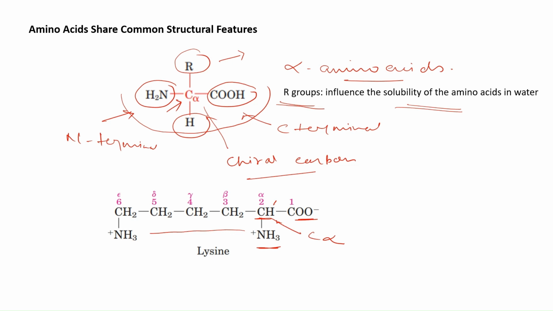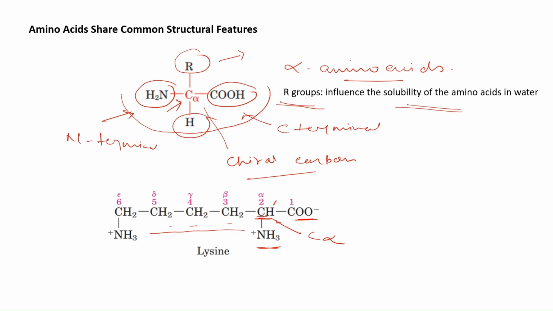If we want to label it as alpha, beta, gamma, then because the carbon to which the carboxyl and amino terminals are attached is the alpha carbon, the beta, gamma, delta are in the R group. Whatever the R group is, the carbons present in the R group will take the labeling of beta, gamma, delta, and so on.